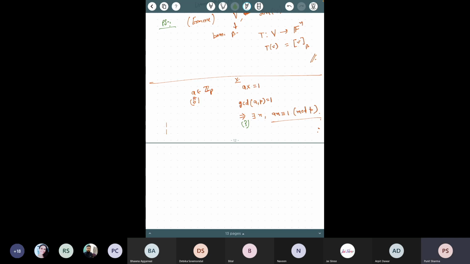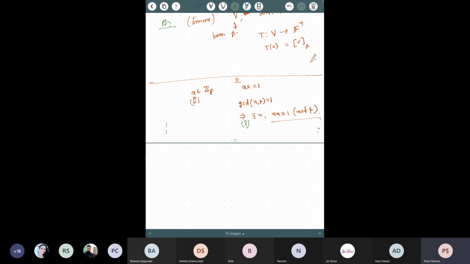This implies that you can always find X such that AX is congruent to 1 modulo P. So this X is a candidate for the inverse. If you can find this X, then it is a candidate for the inverse, and since you can verify that it is unique, it is the inverse. This is how you can find it.